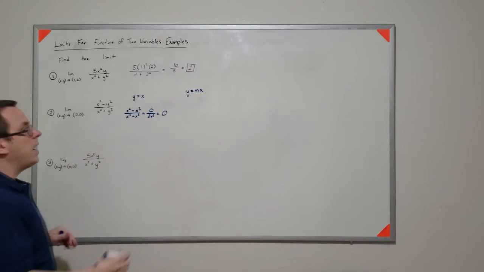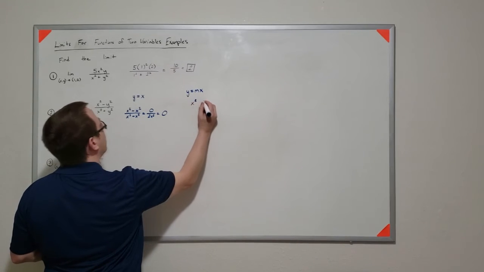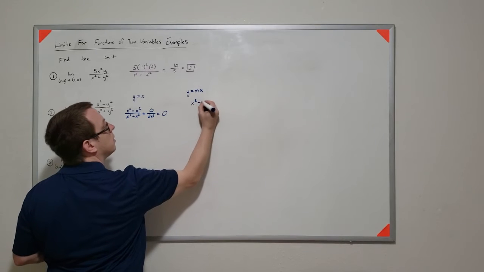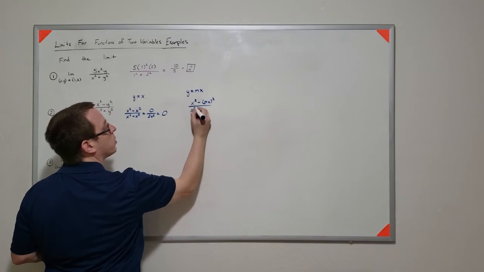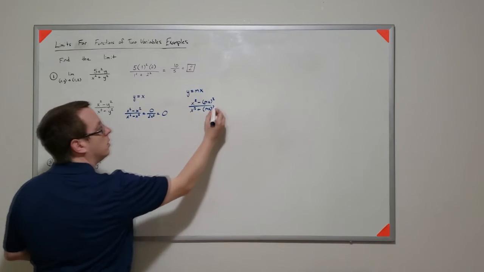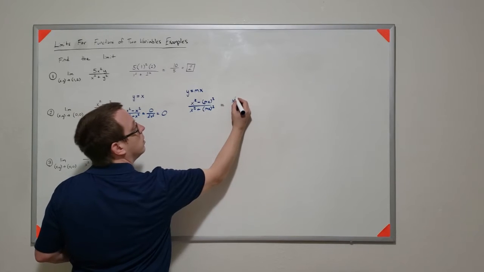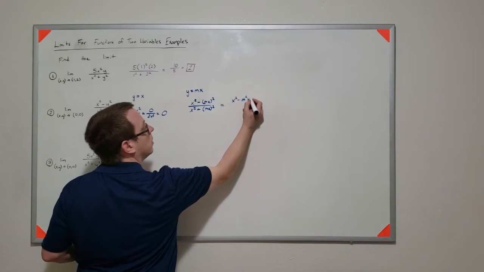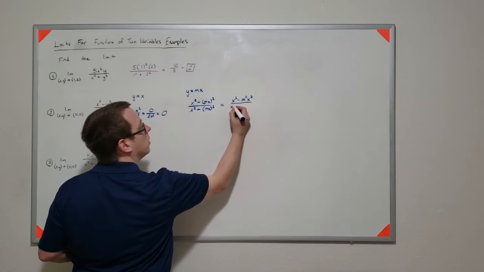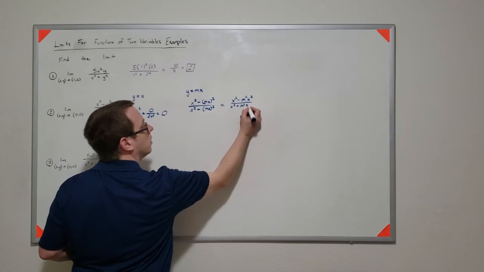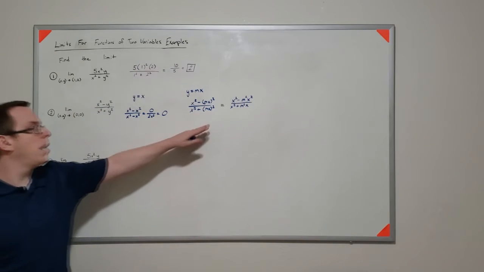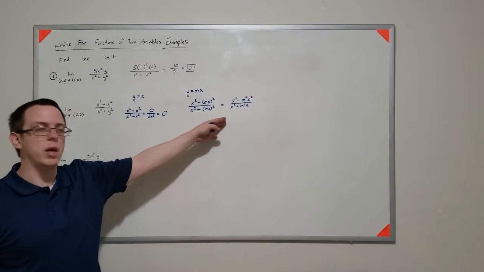If we plug that in, that becomes x squared minus m x squared over x squared plus m x squared. With a little bit of algebra, we can multiply that out.